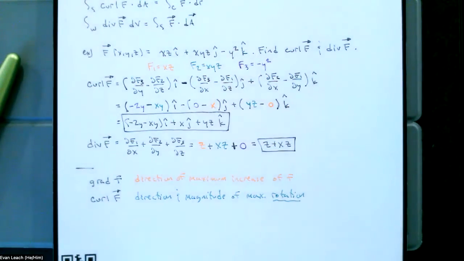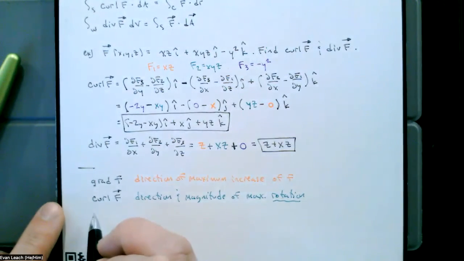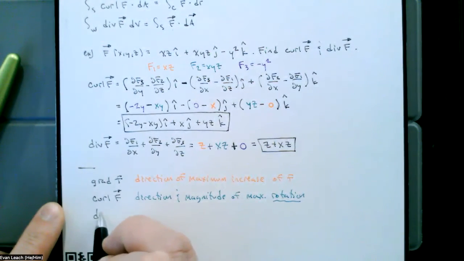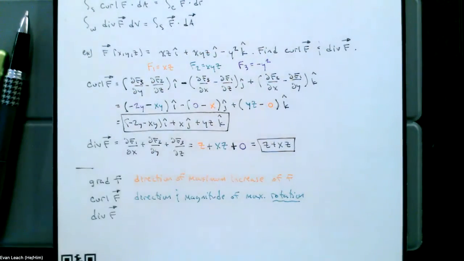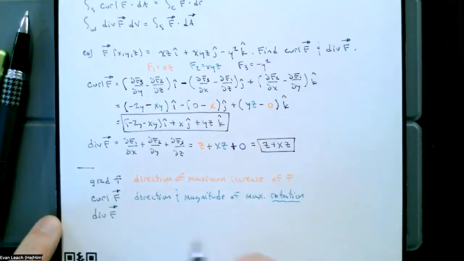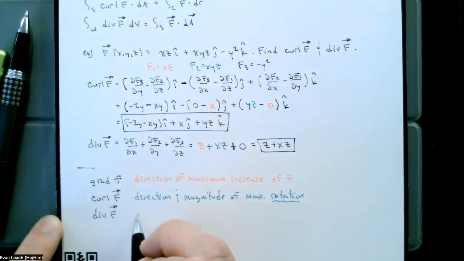And the divergence of F is how much expansion we have. Notice that for divergence, we're not going to be talking about direction because divergence is a scalar. So let's call it amount.